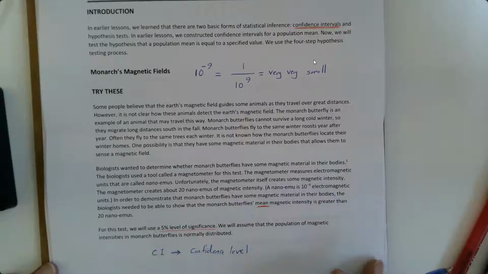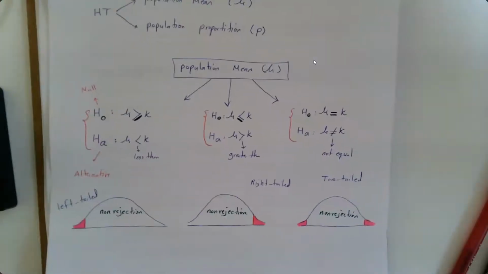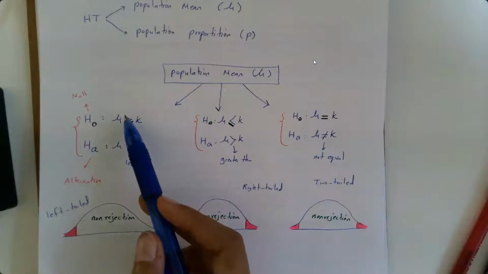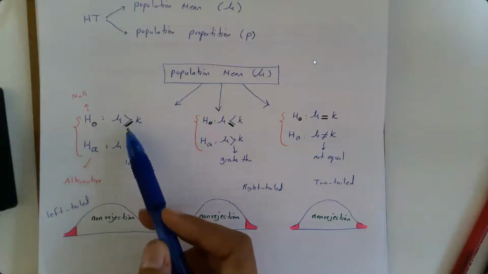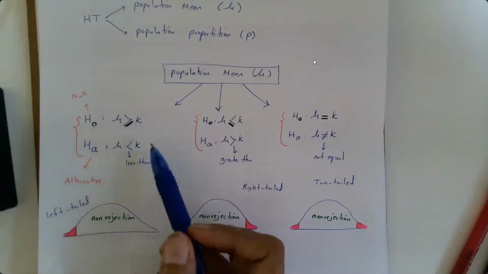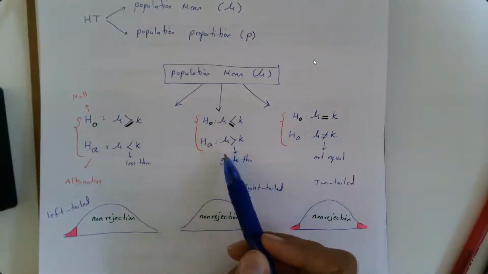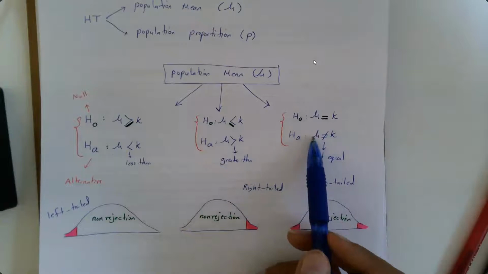We're looking for keywords. So remember that when you're constructing your null hypothesis and alternative hypothesis, you're looking for keywords like larger than or equal to, less than or equal to, larger than, equal to, not equal to.